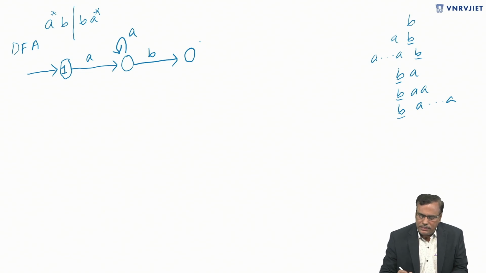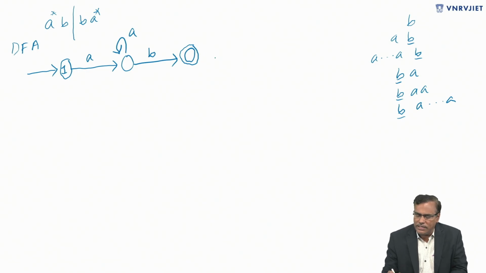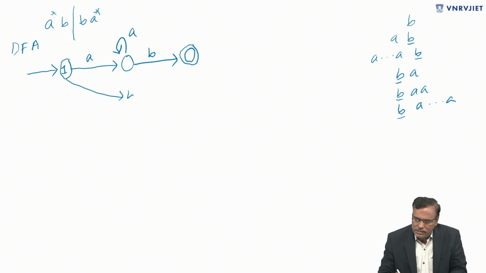I'm going to use a different color. Being the final state, first let me double circle it, later I can use a different color. And you can have A, B, or any number of A's followed by a single B. They are the strings that are acceptable by this. In a similar fashion, we can have, there is a single B that must be acceptable. That is this.